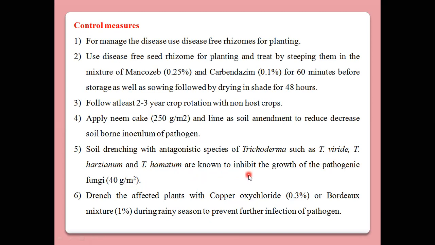In this way, you can kill the spores or inhibit the growth of the pathogens around the roots of the ginger plants. Then drench the infected plant with copper oxychloride 0.3% or Bordeaux mixture 1% during rainy season to prevent further infection by the pathogens.